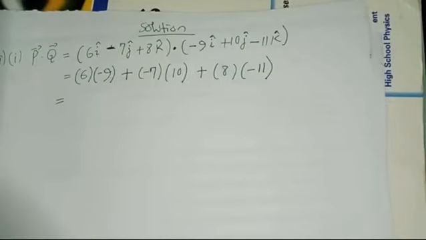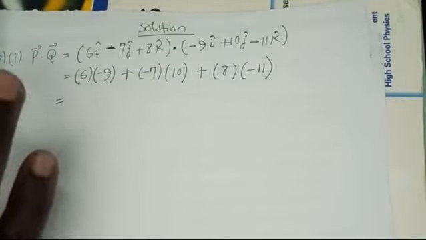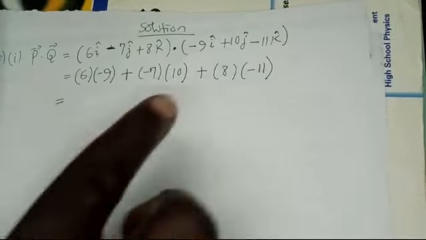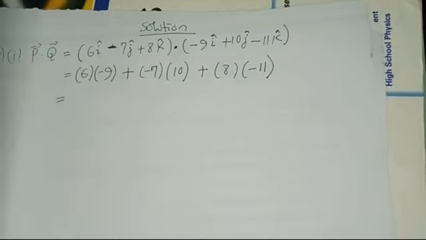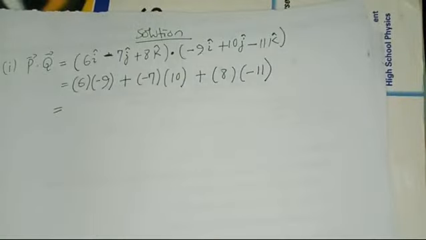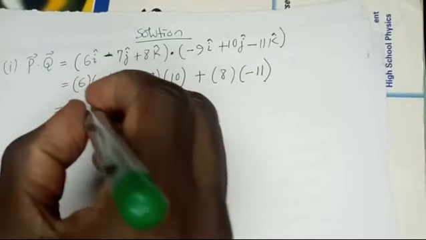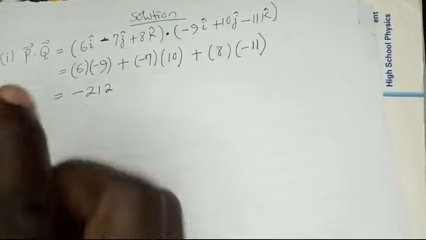Open bracket negative 7, close bracket, open bracket again 10, close bracket. Now plus open bracket 8, close bracket, open bracket negative 11, close bracket. Now we press the equals sign and look at what we have, negative 212. So our result is minus 212. This is our dot product.